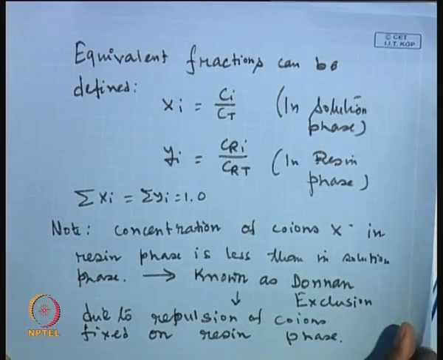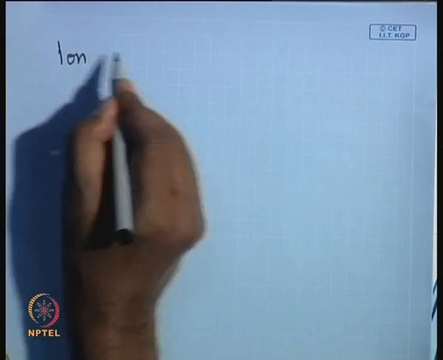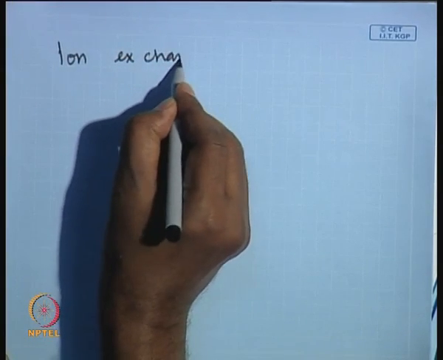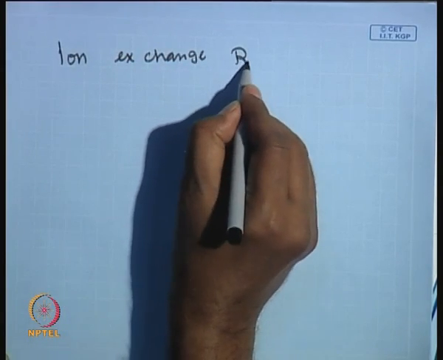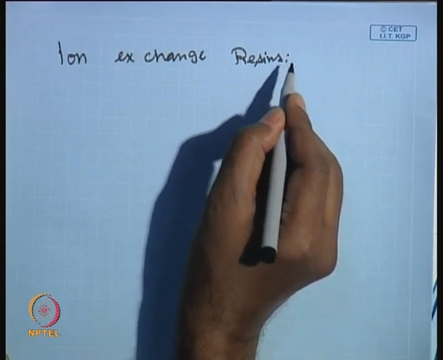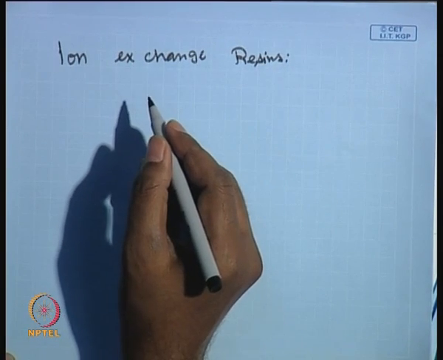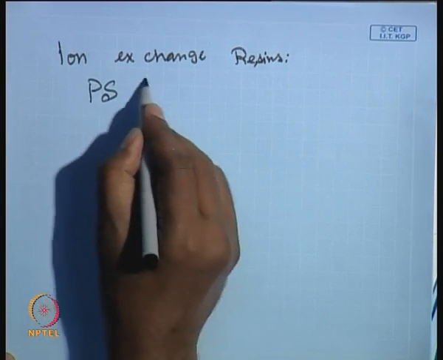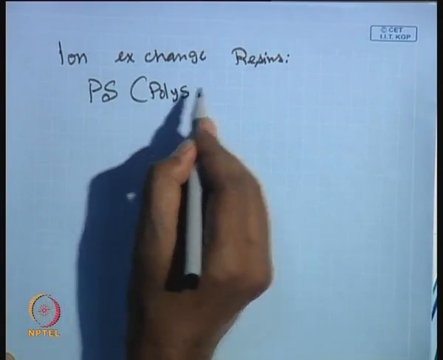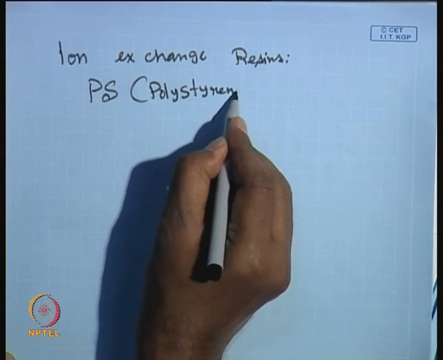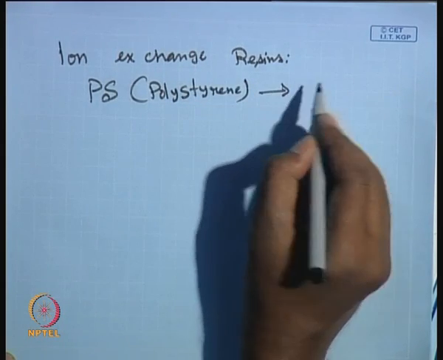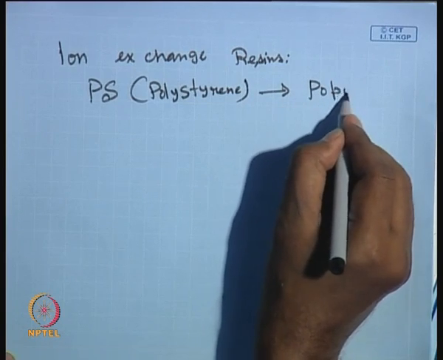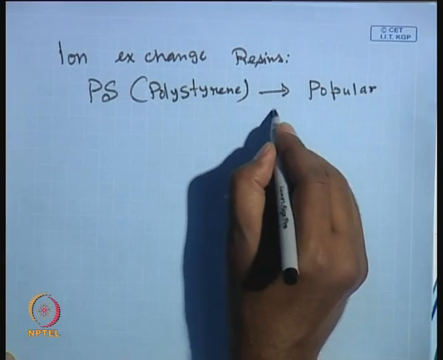Okay. Now, let us look into the various types of ion exchange resins. Most popular ion exchange resin is polystyrene, PS.